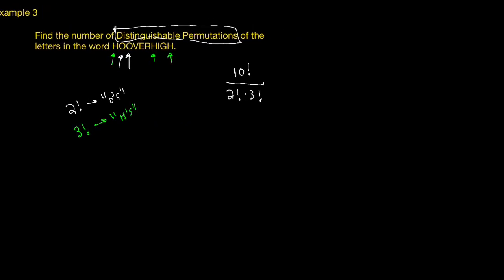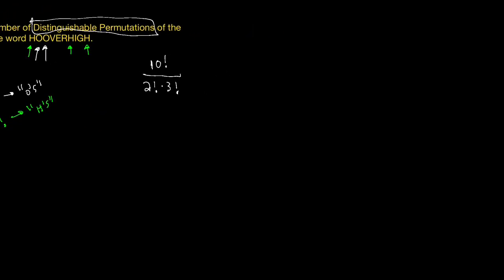Now the last thing to do here is to simplify this. So let's go ahead and do it. So here, the 10 factorial, I'm going to expand it down to 3, since 3 is the biggest number on my denominator. So I have 10 times 9 times 8 times 7 times 6 times 5 times 4 times 3 factorial. And then I have 2 factorial times 3 factorial. The 3 factorials are going to cancel out. And now I have to calculate the numerator.